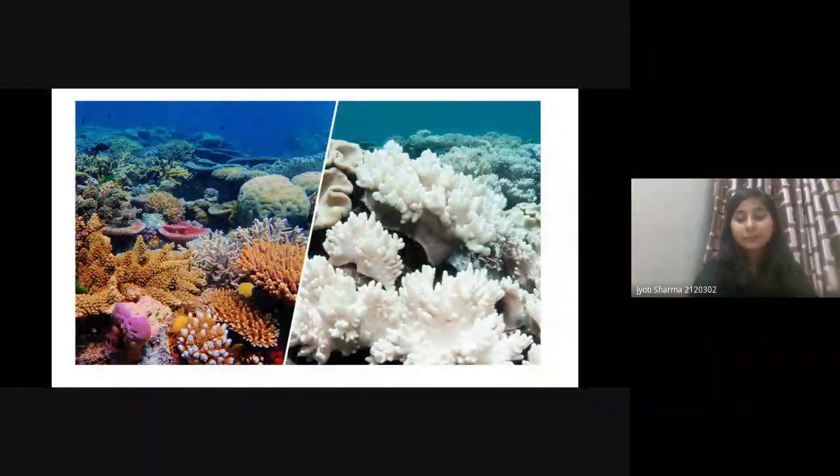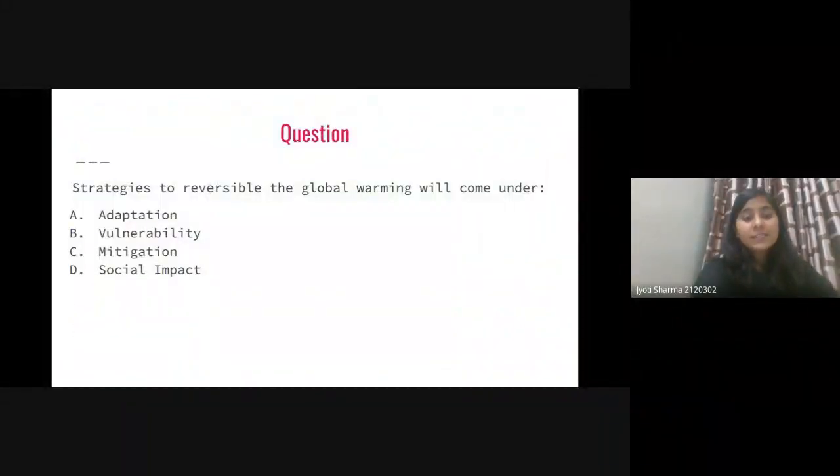Anyway, strategies to reverse global warming will come under adaptation, vulnerability, mitigation, social impact. So I have four terminologies. Whenever you want to reverse global warming, for example your temperature is increasing and you want it to go back to the original temperature, what terminology will you call it?